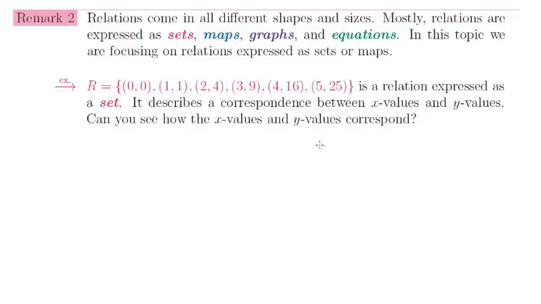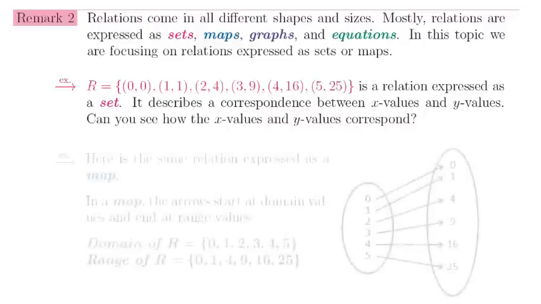It describes a correspondence between x values and y values. Look closely at these ordered pairs. Can you see how the x values and the y values correspond? Notice that each y value actually is the square of the x value. 9 is 3 squared. 16 is 4 squared, and so on.